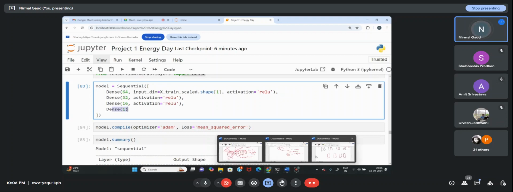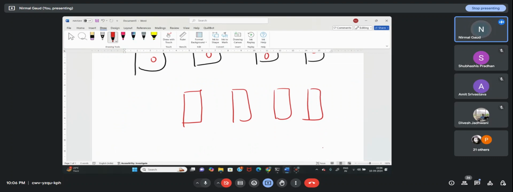So this way, 32 neurons here, 32, 16, then 8. And then at the last layer, I am taking one neuron because I only need to give one answer. That is the regression price. So only one neuron is required to show the output.